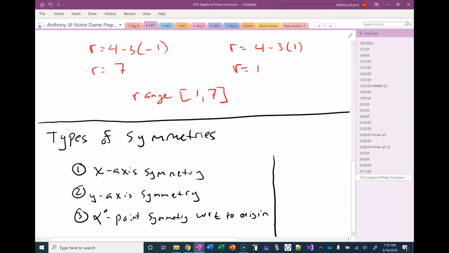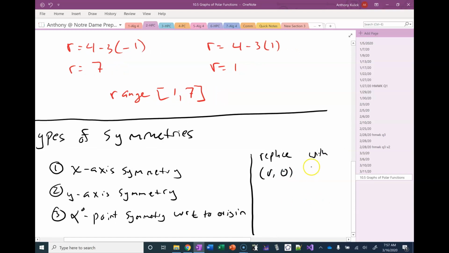If you remember, we can test these symmetries by replacing the independent and dependent variables with a different version of that independent or dependent variable and seeing if we are left with the same equation.